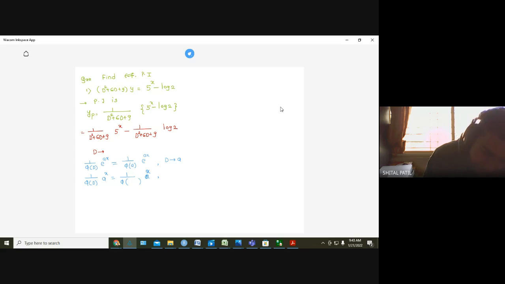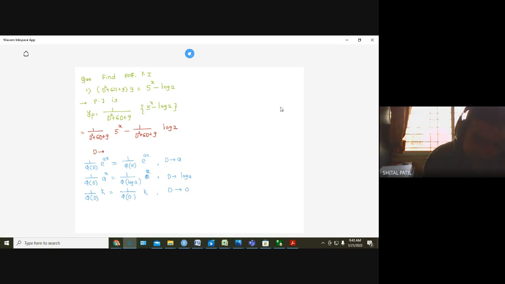Log a. We derived the formulas also. We have to replace d by log a. And what if 1 upon phi of d and a constant is there? Then we have to replace d by, yes, 0. D is to be replaced by 0.